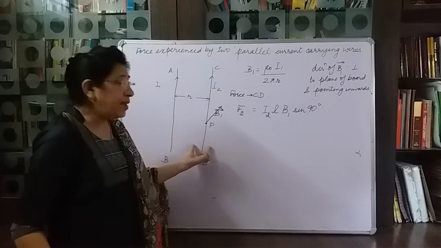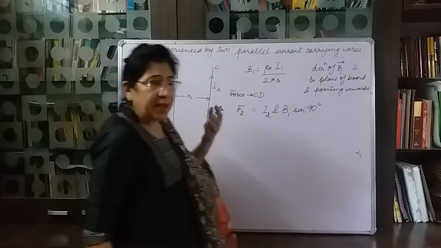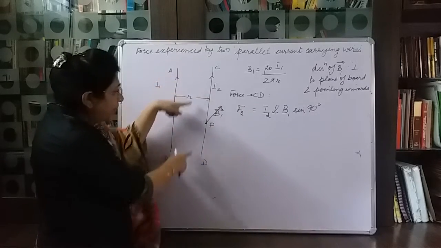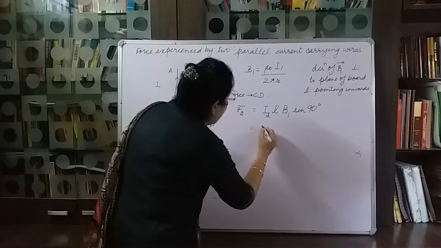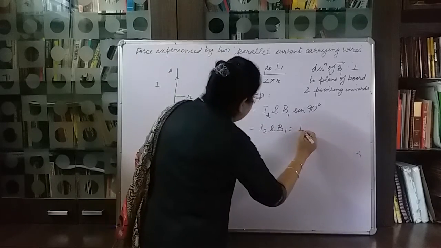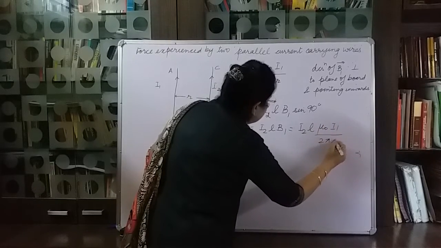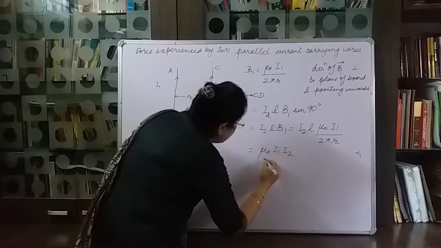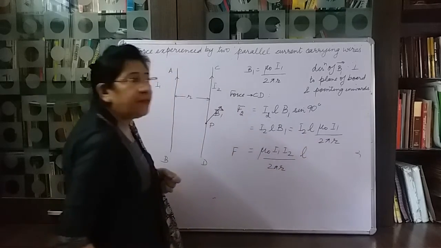I2 is the current in CD, B1 is the magnetic field in which CD is placed, and sine 90 because the angle between the magnetic field and the current element is 90 degrees. So this becomes I2 L B1. Substituting the value of B1 from here, we get mu naught I1 I2 upon 2 pi r into L. This is the force experienced.